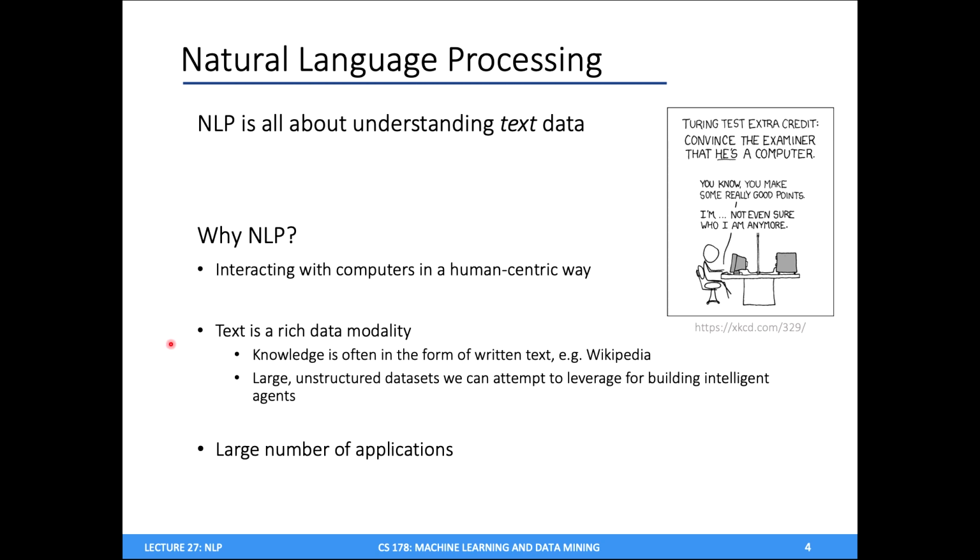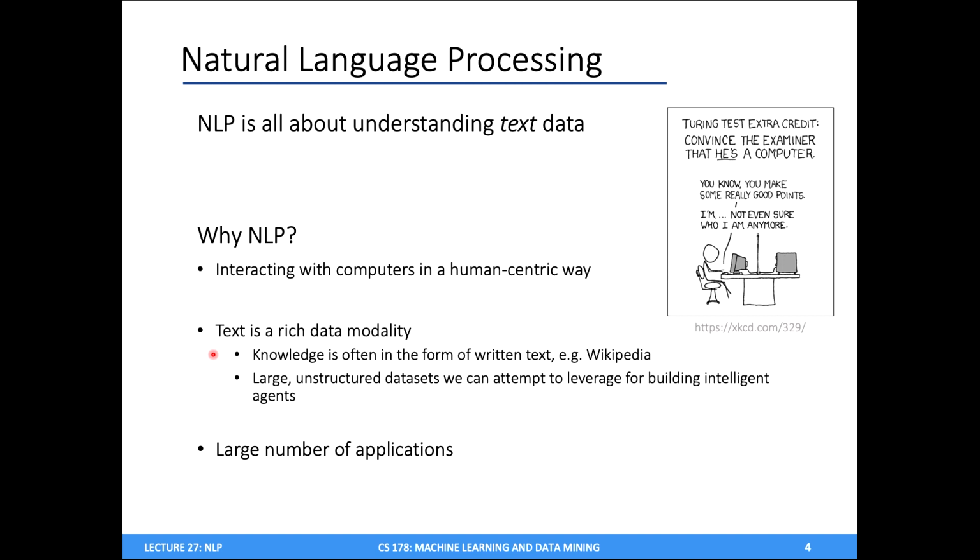Moreover, text is a really rich data modality. Most of the data sets we've seen in the course so far have been fairly small, handcrafted, really curated data sets, where someone had to go out and put a lot of effort into making these nice big data sets. You have to structure them, you have to go out and collect particular features. But text really contains a lot of information that we care about. In fact, most of humanity's knowledge is contained in the form of text.